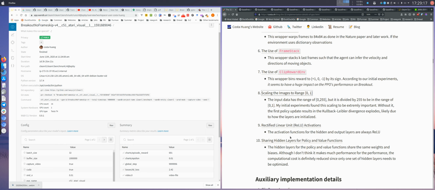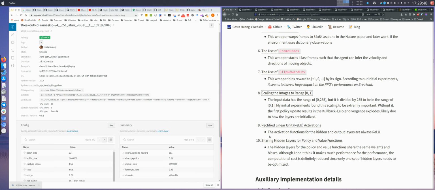Without it, the first policy update results in the KL divergence exploding, likely due to how the policy is initialized. If you remember, the policies are initialized with very small weights, and when your observation is so huge, I don't know. This is a very intuitive explanation, but I think it's possible for it to just blow things up and result in degenerate updates.